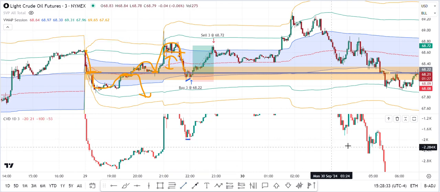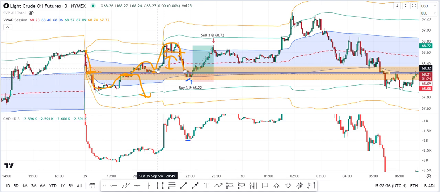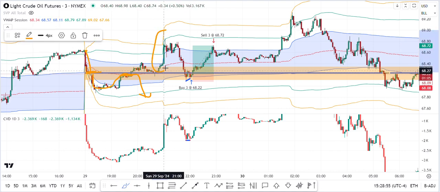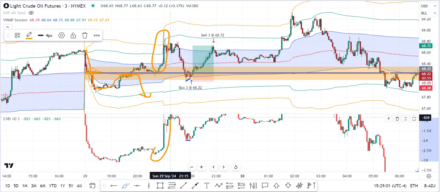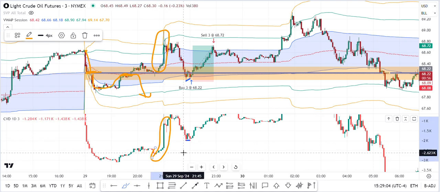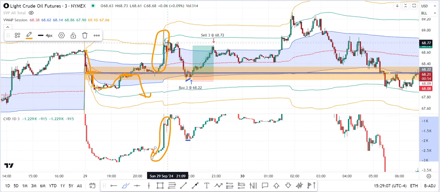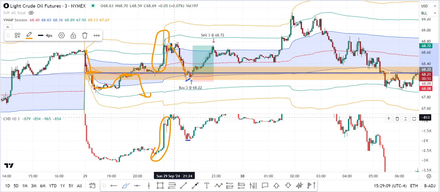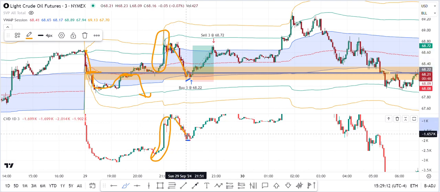Let me just delete all of this stuff that I drew. This whole move up is represented by this amount of volume, and the move down is a much bigger move in terms of price, but the volume wasn't showing that.